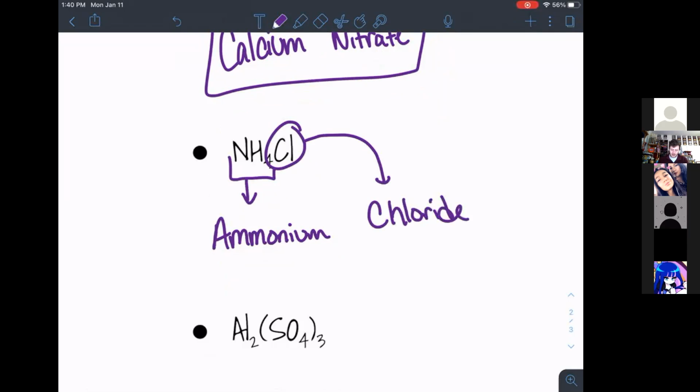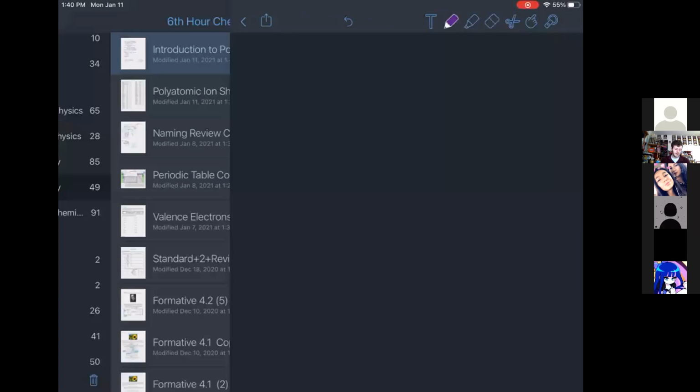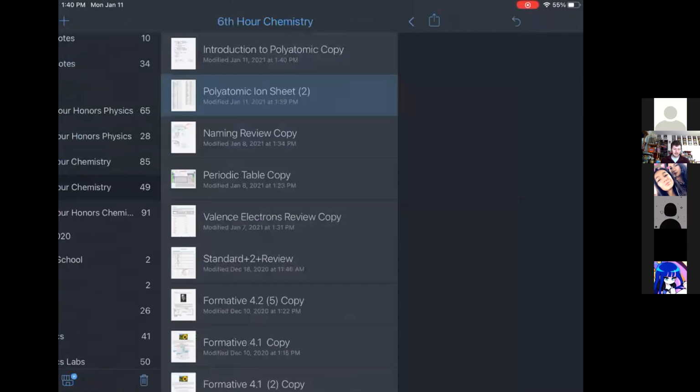We have to remember that the ending of our second element does change because it's an element from the periodic table, not just an ion from our polyatomic ion sheet. All right, just like before, you guys have the third one, Al2(SO4)3. Identify if we have polyatomic ions and then determine that name. I'll pull up the ion sheet again.